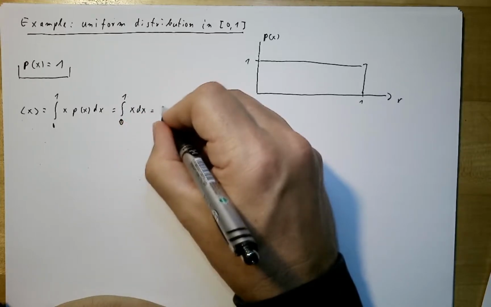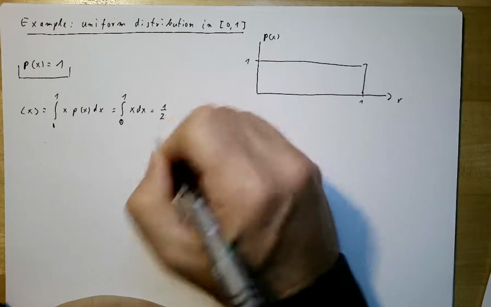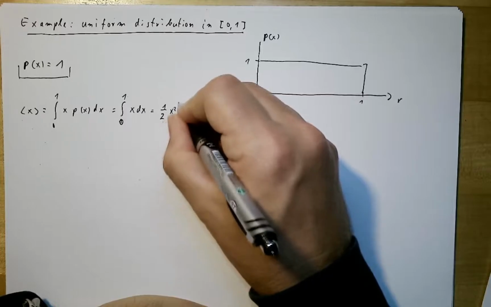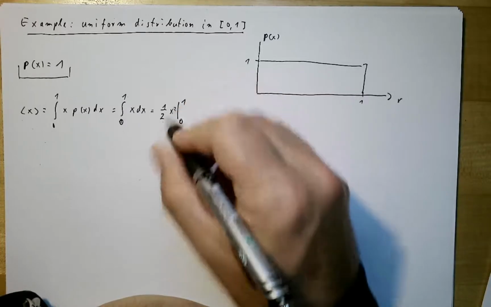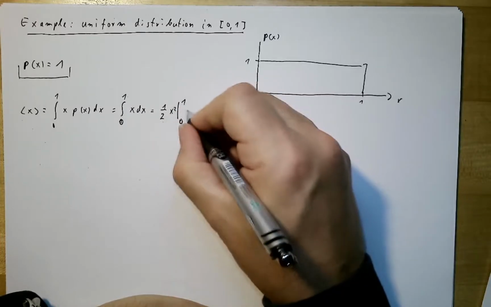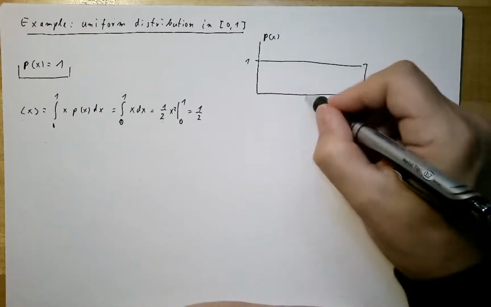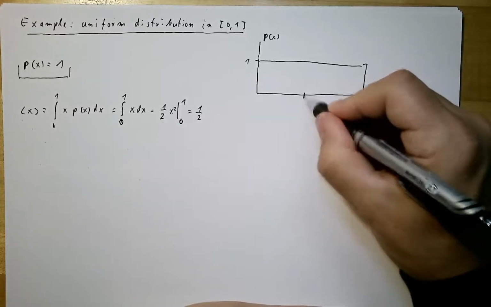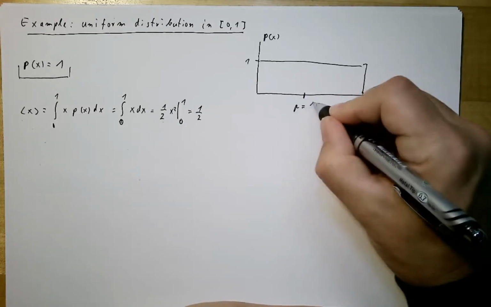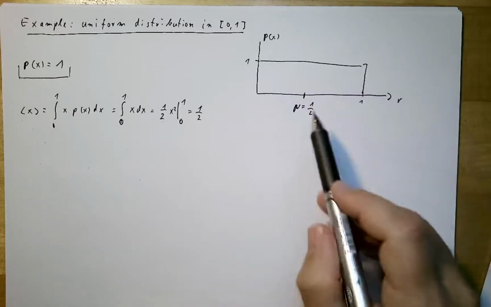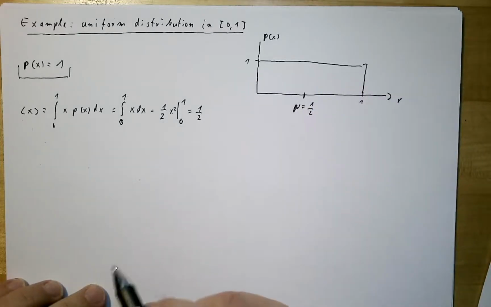So you see this is 1/2 x squared, with the borders between 0 and 1, and this is 1/2. So we see the expectation is, as we would have guessed, exactly in the middle of this distribution. So the mean value is 1/2.